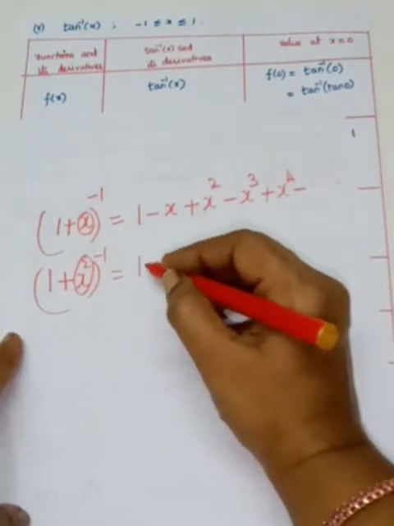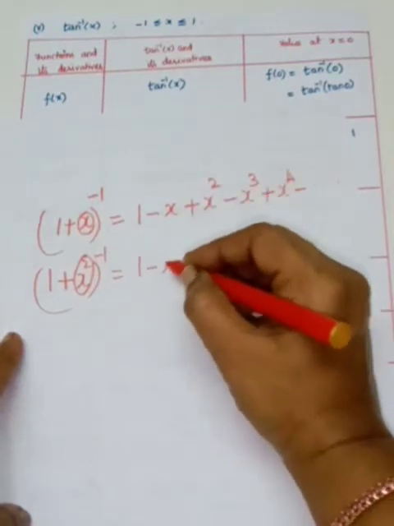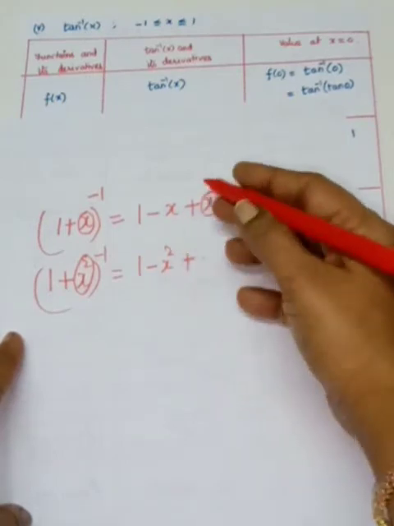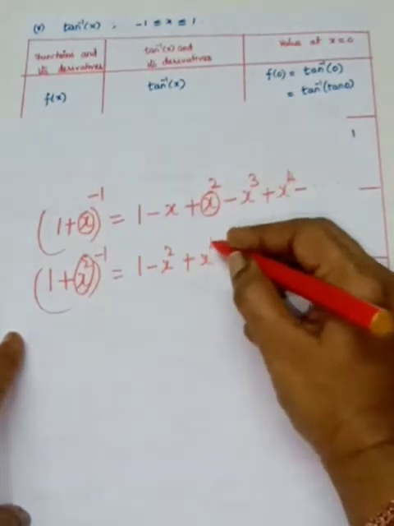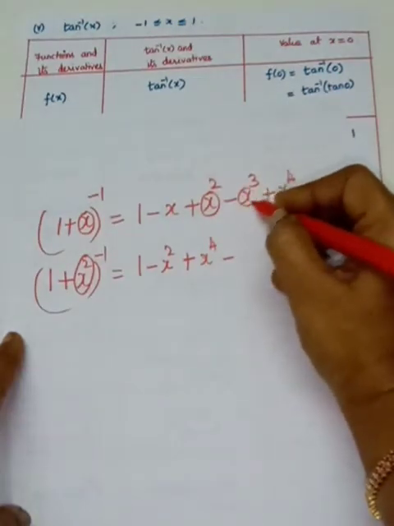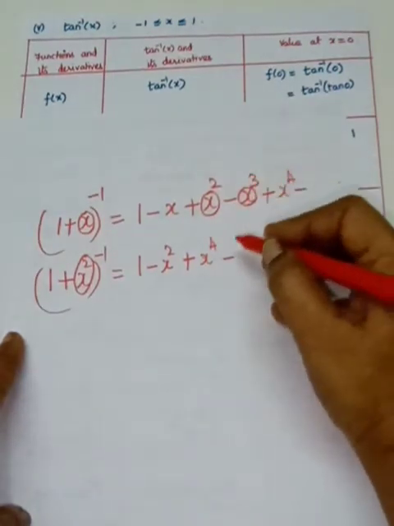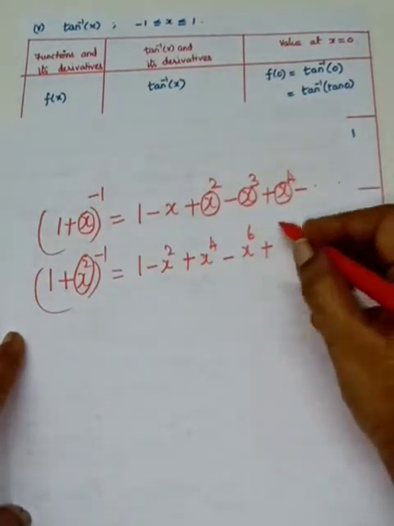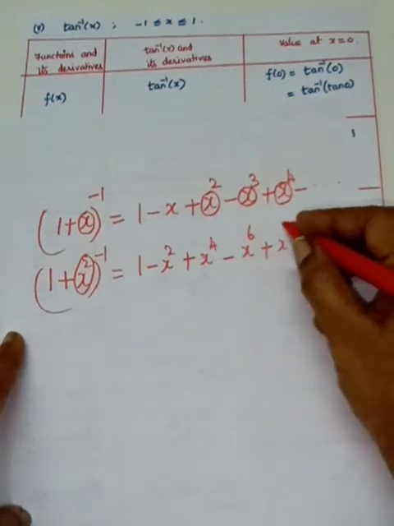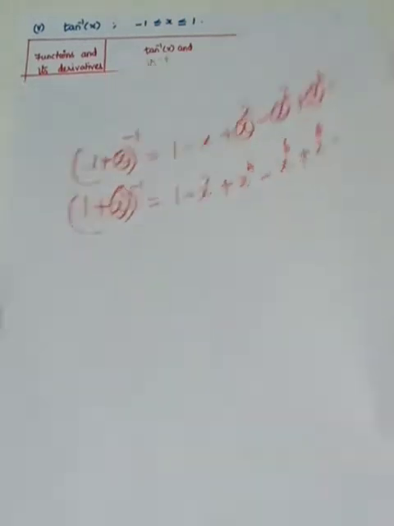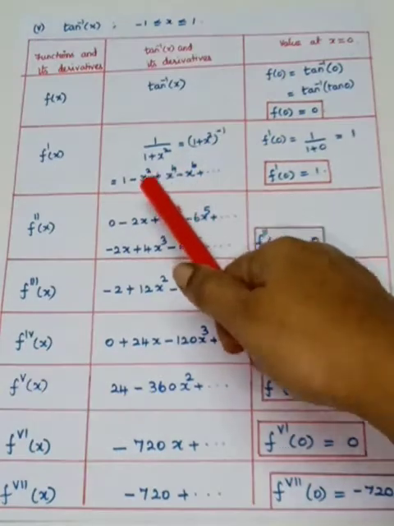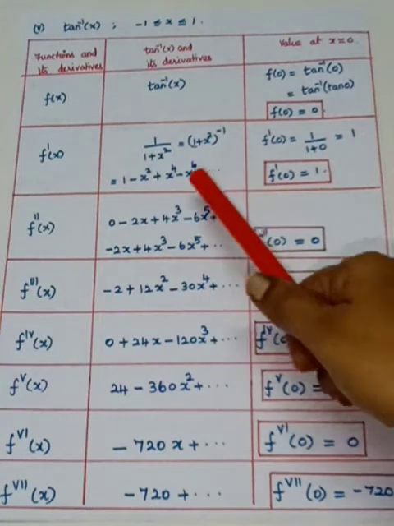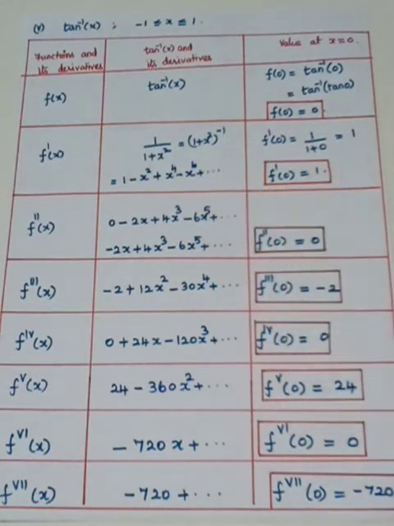So 1 minus x squared plus, in the place of x, what do you have to substitute, x squared the whole square, so it is x to the power 4, minus x squared the whole cube, which is x to the power 6, plus x squared the whole power 4, which is x to the power 8, minus etc. So here we have written the expansion. So what is that? 1 minus x squared plus x to the power 4 minus x to the power 6 plus etc.